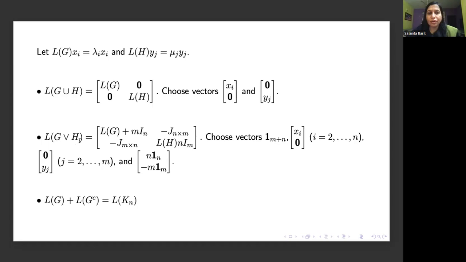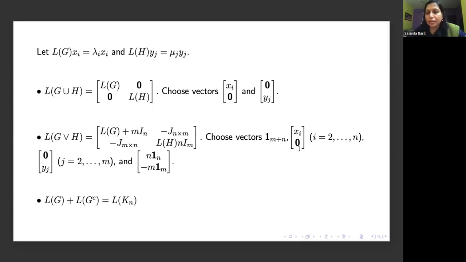And then for the join, the matrix will look like this. Oh, sorry, the plus is missing here. It will look like LG plus m times the identity, because you are putting in all the edges, and then here you get the all ones matrix with a negative sign. Here you can take the all ones vector as an eigenvector, and that will give you 0.